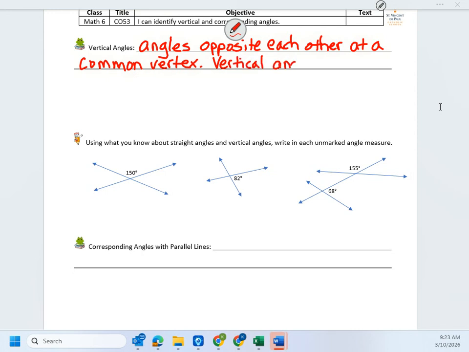Vertical angles are congruent. Okay, so that's another vocab word.